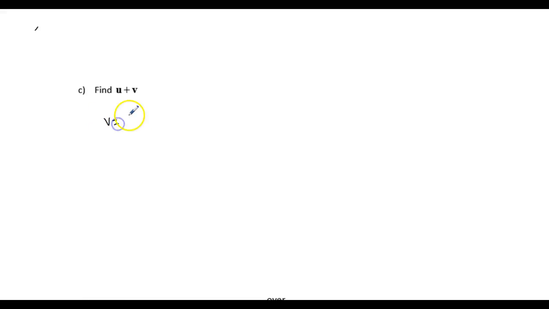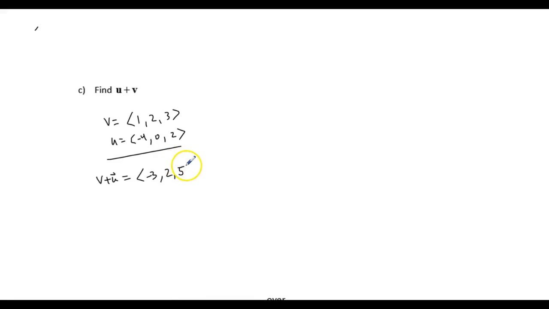So if v is 1, 2, 3, and u is the vector -4, 0, 2, we just add those vector components. We'll get -3, 2, and 5 as the vector sum. And we could go ahead and draw that if we wanted to. You would just go -3 in the x direction, 2 over in y, and then 5 up, and draw that vector from the origin.